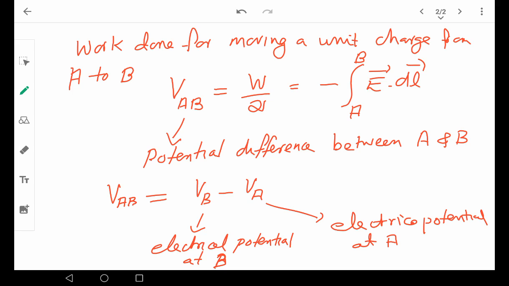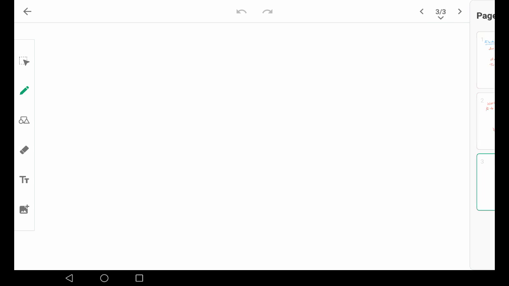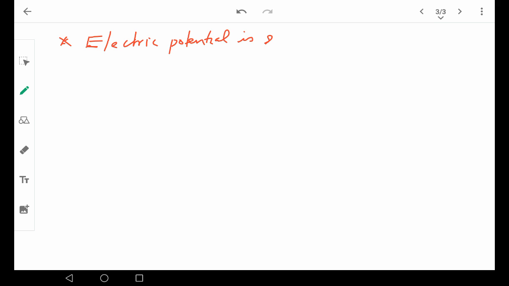This is a scalar. So you can say that potential is scalar.